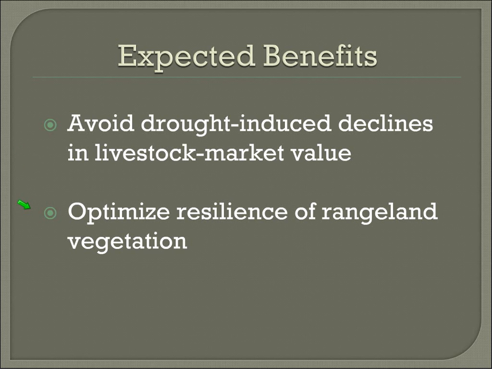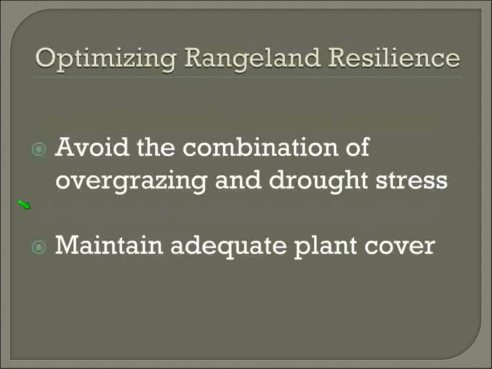The second thing I'd like to emphasize in terms of expected benefits would be that we want to optimize the resilience of rangeland vegetation during and after the drought experience. There are a number of ways for us to look at optimizing rangeland resilience. I think there are 2 primary ways that we can do that, and the CFR index will help us do so.